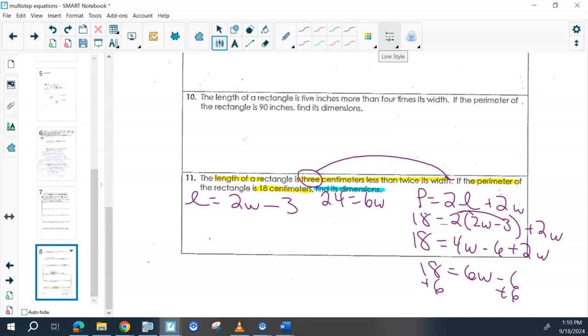And then divide so that w is 4, for what? Centimeters, yes.